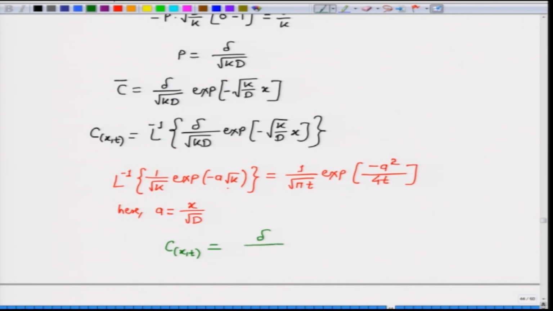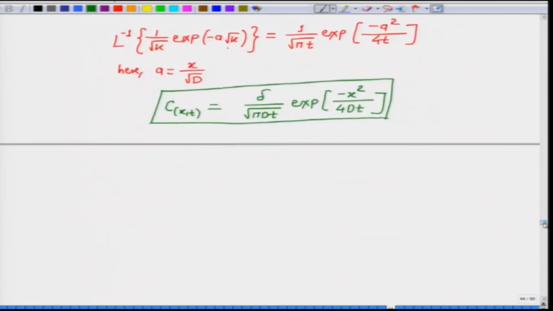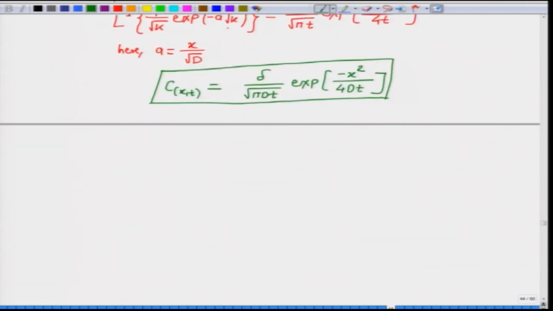So, that will appear as delta by root pi d t exponential minus a square by 4t, a is x by root d. So, it will be minus x square by 4dt, and so this is the solution for the diffusion equation for instantaneous planar source condition. So, this is an important solution.